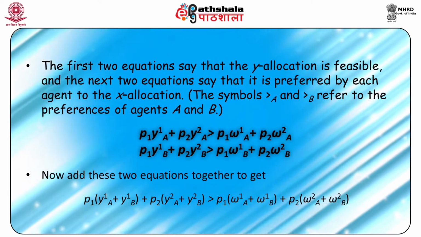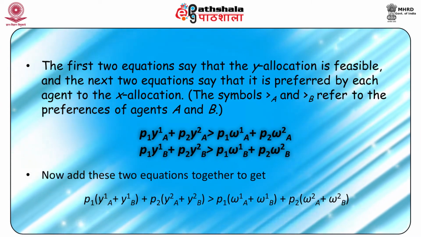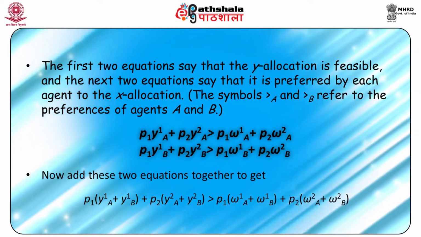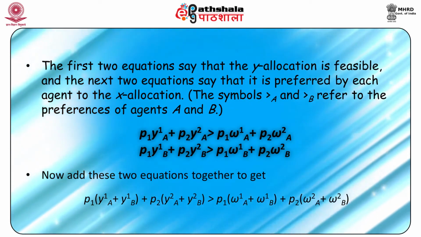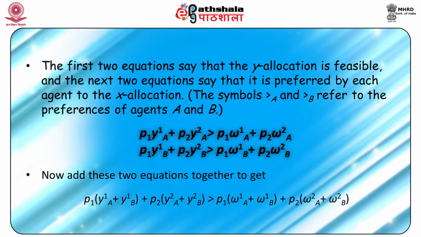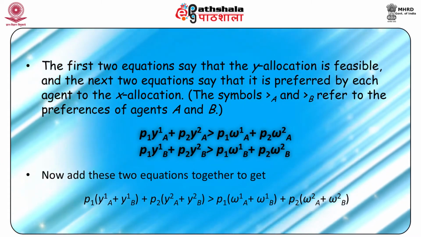Now adding these two equations together, we get P1 into y1a plus y1b plus P2 into y2a plus y2b is greater than P1 into omega 1a plus omega 1b plus P2 into omega 2a plus omega 2b.